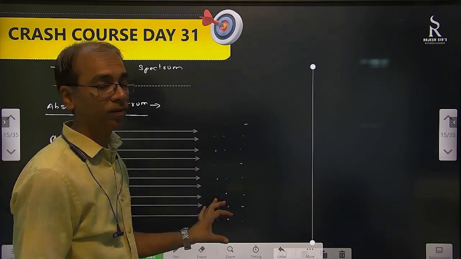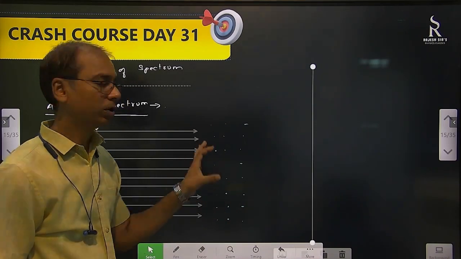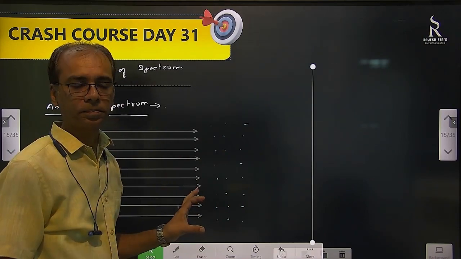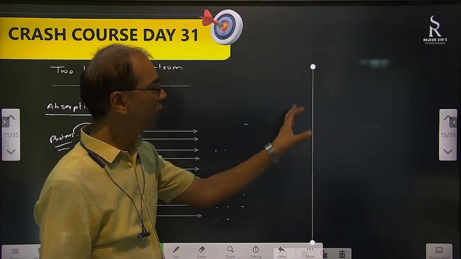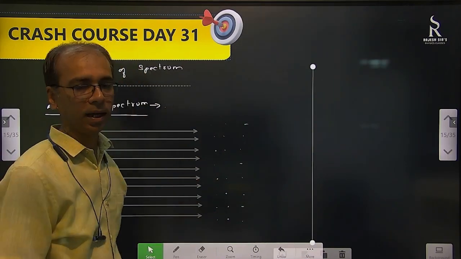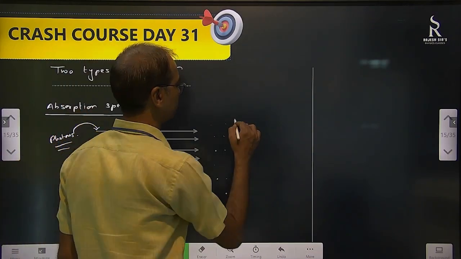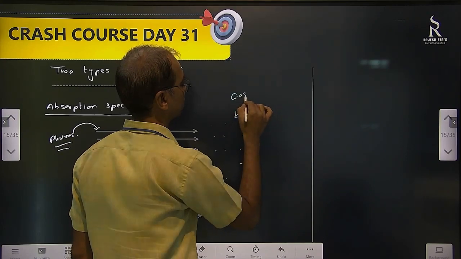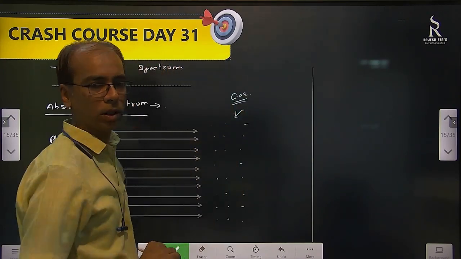And what types of photons this is going to absorb, that we know, because we know about the gas. So the missing photons in the spectrum is called the absorption spectrum of this particular gas. So all will not reach.